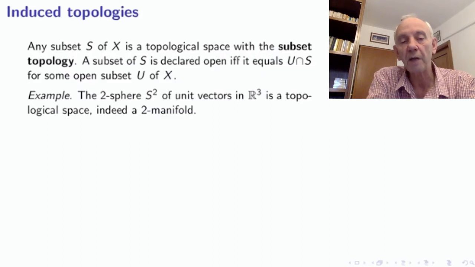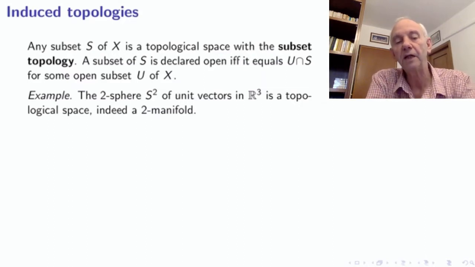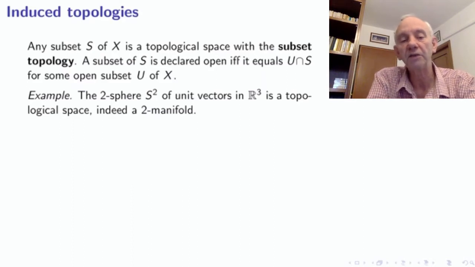In fact, I implicitly used that at the end of the last slide because I was talking about the open interval 0, 1. Why is that a topological space? Well, it's a subset of the real numbers, so it gets this induced topology. It's an open subset of R, but it gets an induced topology itself.